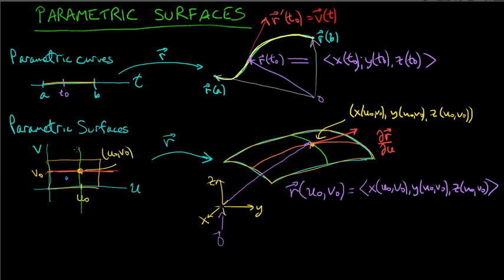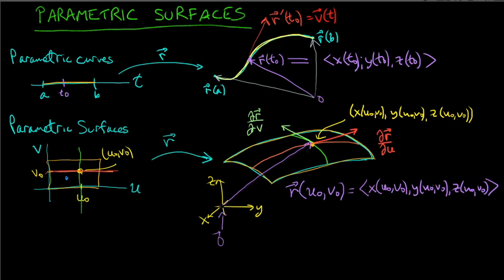And then along the green line with constant u0, we get a tangent vector, maybe one that looks like this. So this will be the partial of r with respect to v. So v varies, but u is constant.